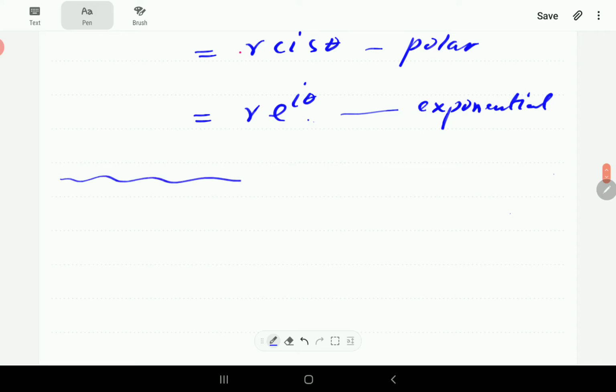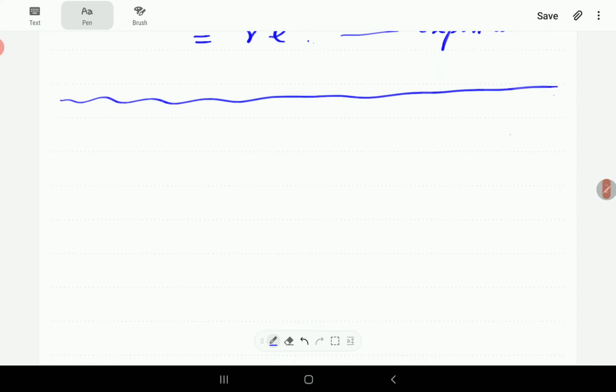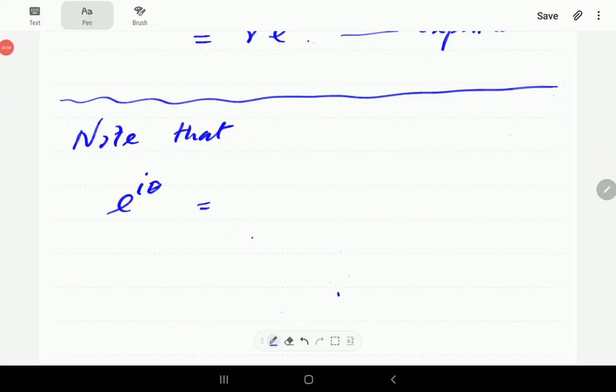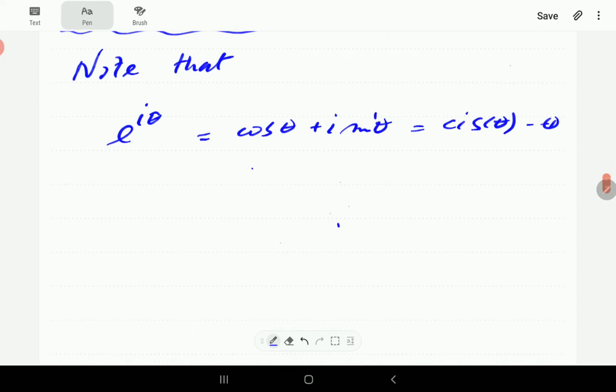Okay, so for now, we're just going to notice a few things from Euler's formula. We are saying we have e to the i theta. So note that since e to the i theta is equal to cosine theta plus i sine theta, or cis theta, let's call this equation 1.